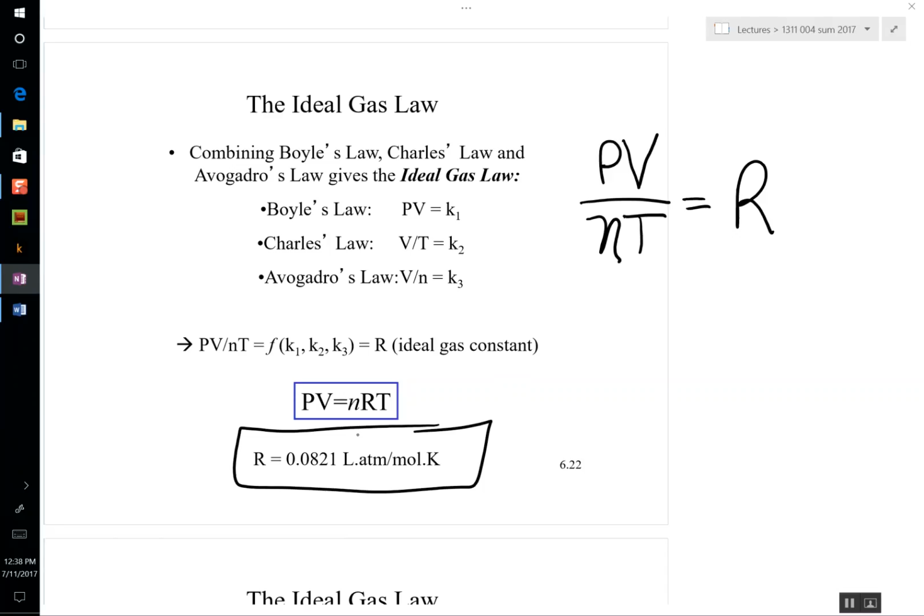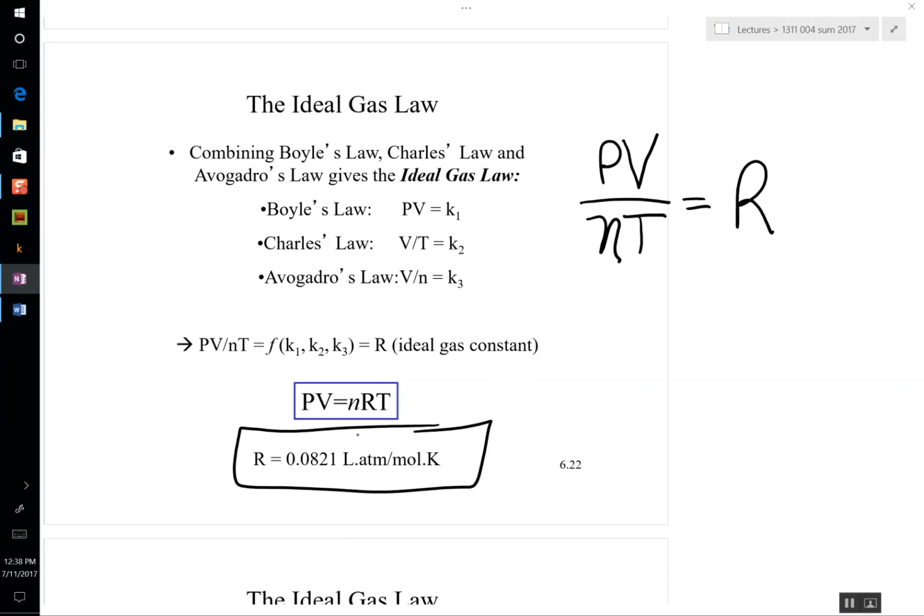All right, there's our ideal gas law constant. What law is that? Boyle's. What law is that? Charles'. What law is that? Combined. And what law is that? Avogadro's.